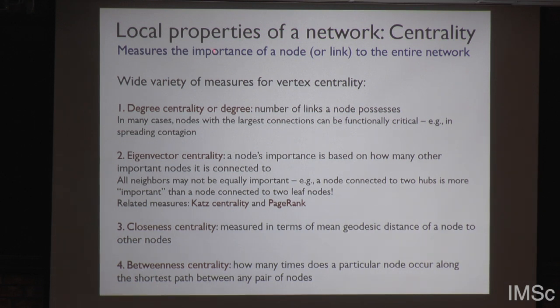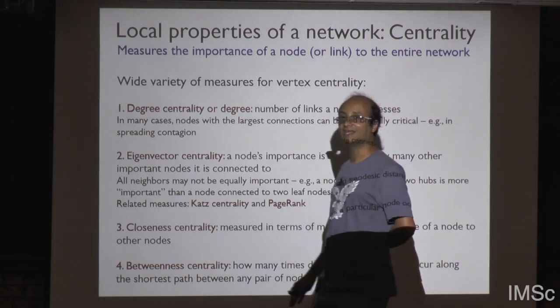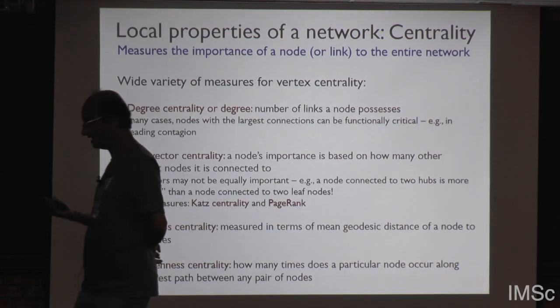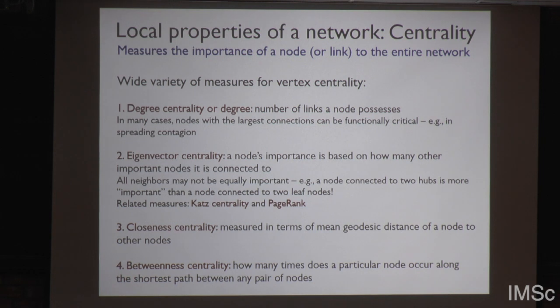Okay? So you can define centrality in very different ways, as I mentioned, and the most common definition is degree centrality, or simply degree. So this just asks how many connections a node has. So the more connections a node has, the more important it is, the more central it is in some sense. Okay? But you can also use, as we saw in the case of Google, eigenvector centrality.